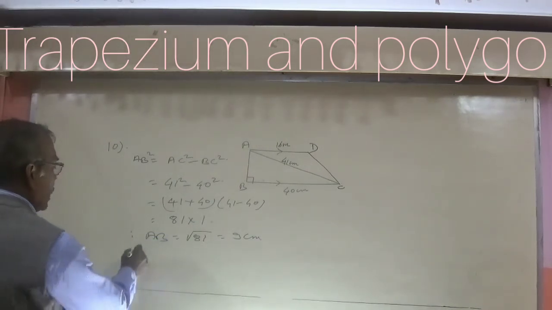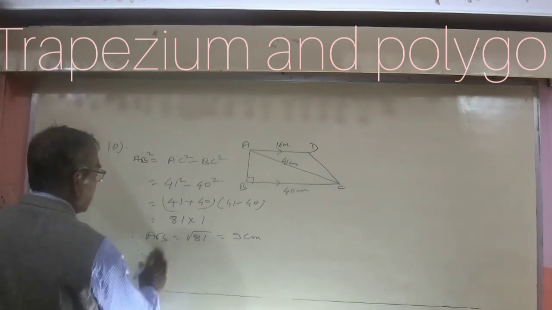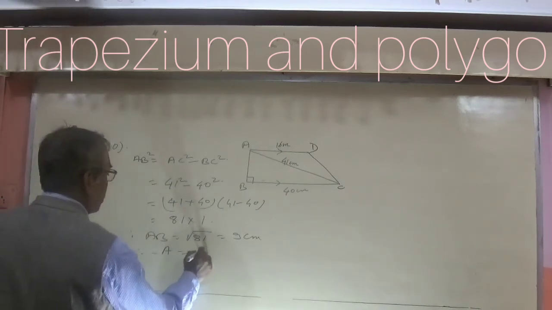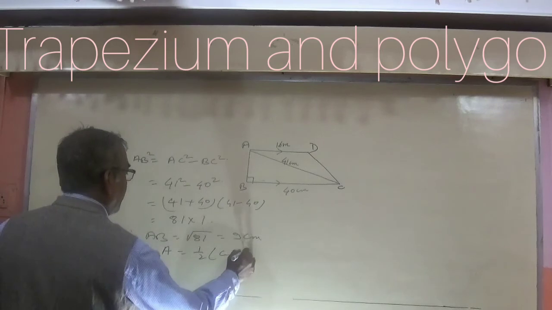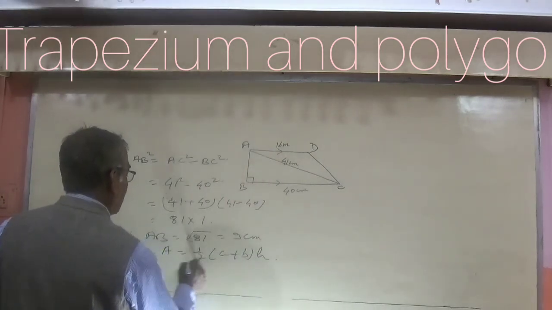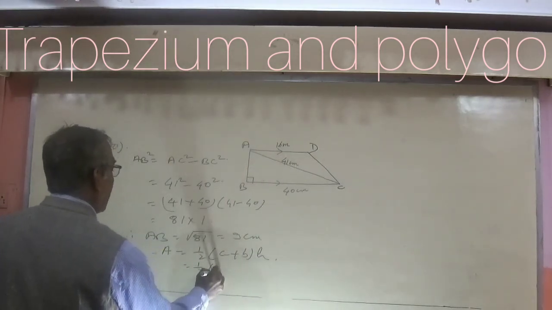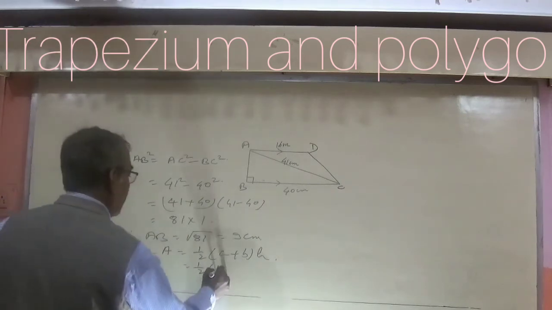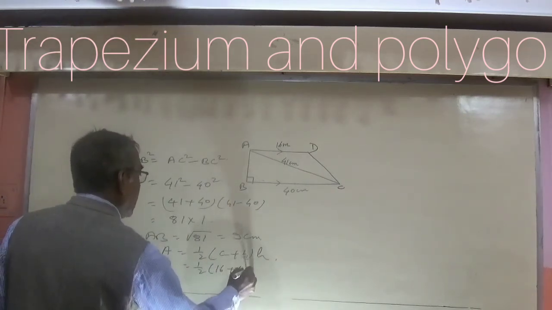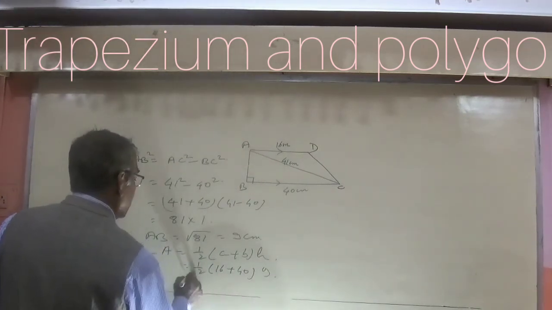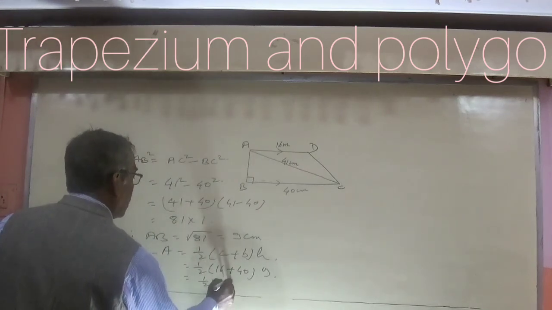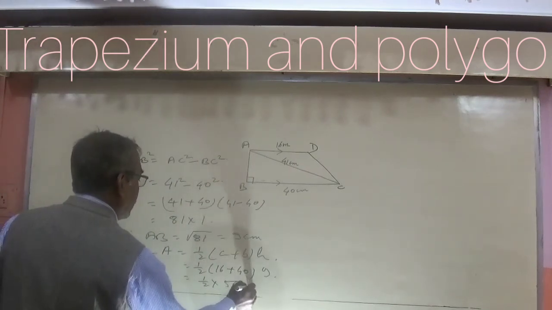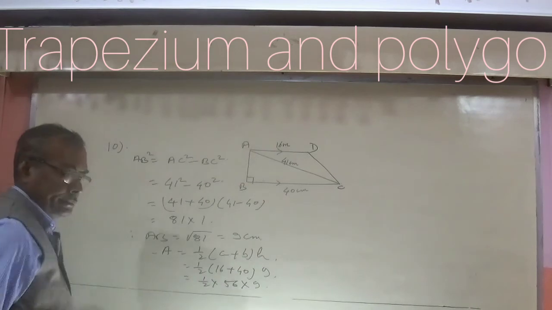So therefore area of the trapezium is equal to half into A plus B into H, which is half into, A is 16 obviously, plus 40, into 9, which is half into 56 into 9.